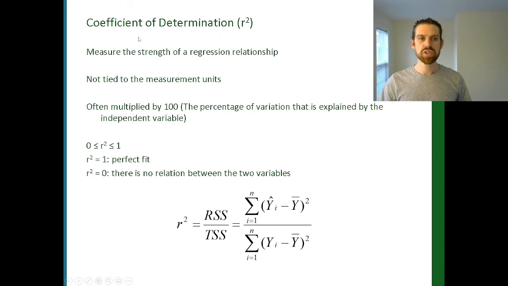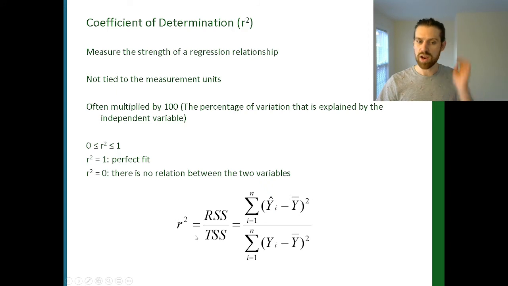The coefficient of determination basically helps us understand the strength within the regression relationship, so it's not tied to any particular measurement unit. It's often multiplied by 100 to help us get the percentage of variation explained. But basically, if we have an R squared of 1, we've got a perfect fit between our line of best fit and the data points, and if it's 0, then basically that's no relationship between the two variables.